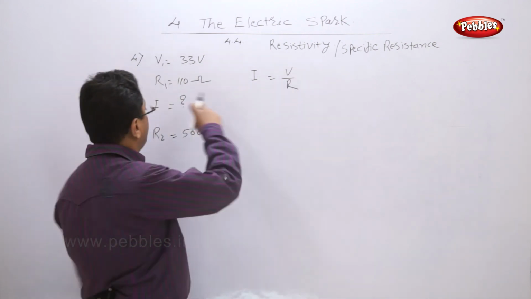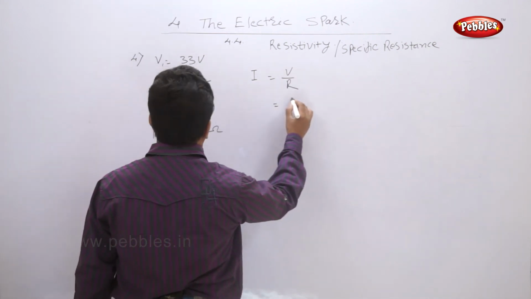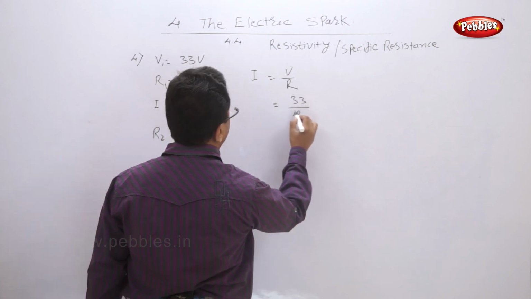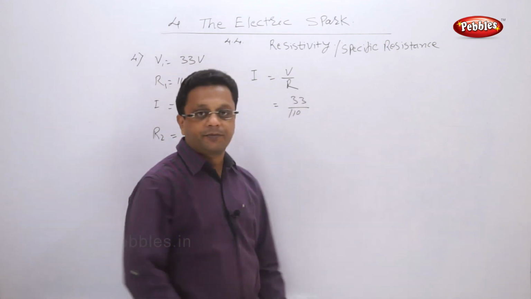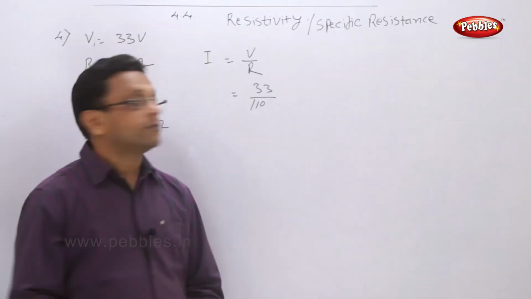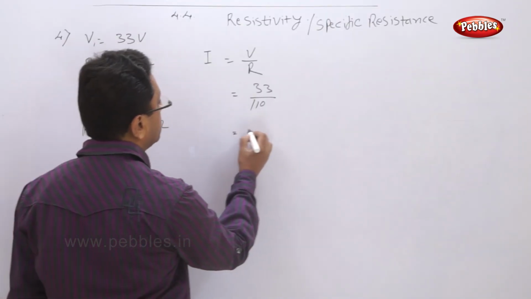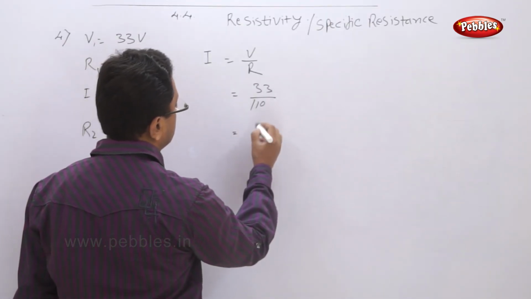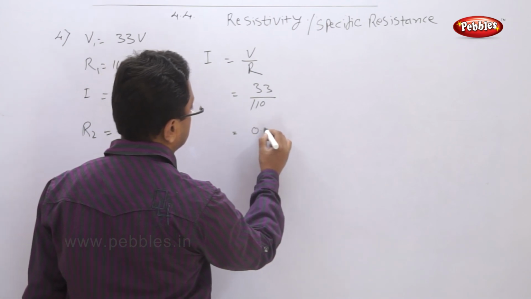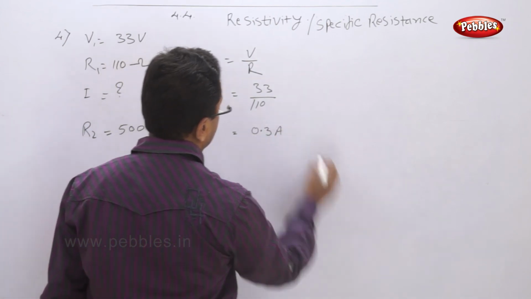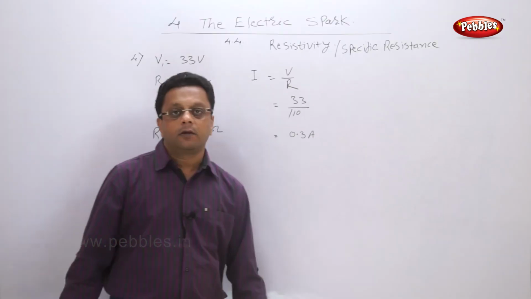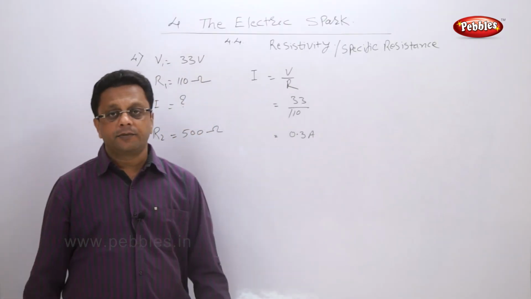Let us calculate the first case. We have 33 upon 110, which gives 0.3 amperes as current.